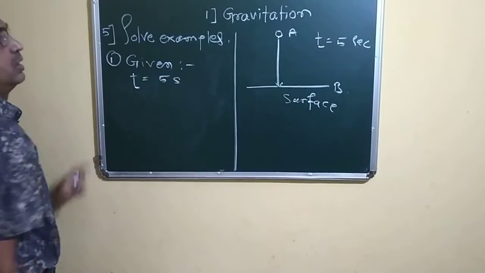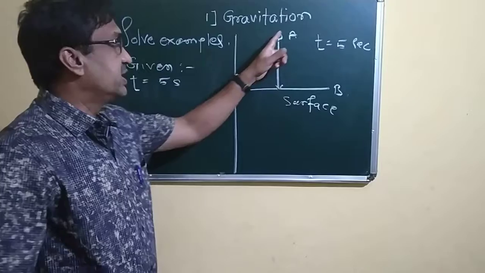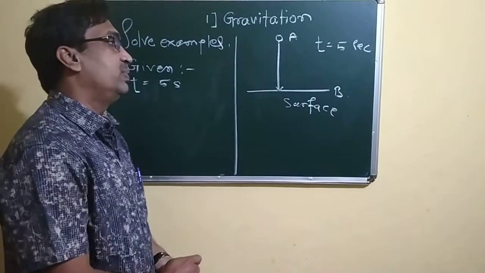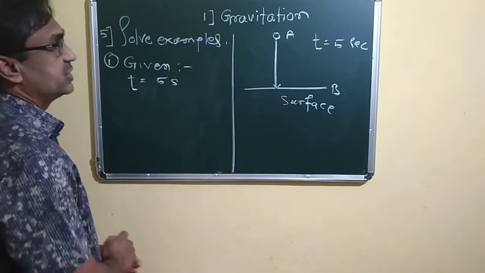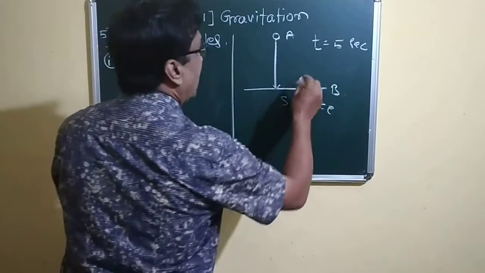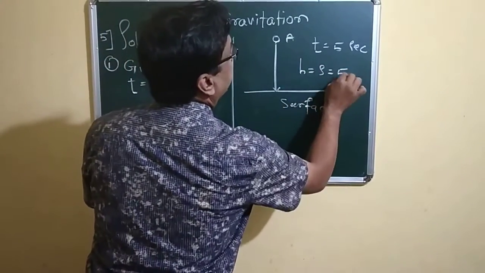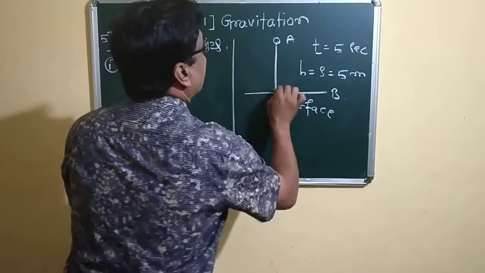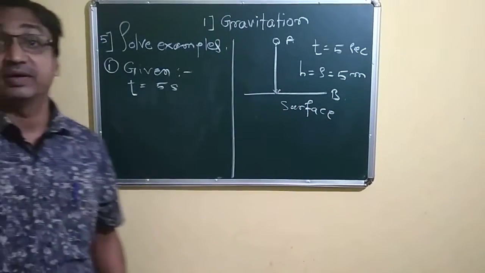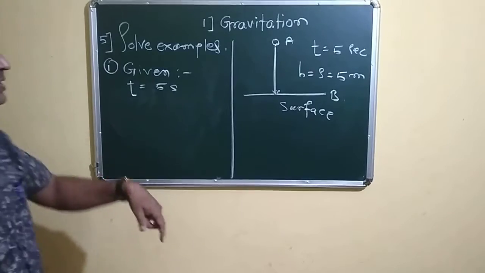The object is released from point A and reaches point B in time T, that is 5 seconds, and it travels a distance that is the height, that is the displacement also, that is 5 meters. In this situation we have to find the acceleration due to gravity on that planet.